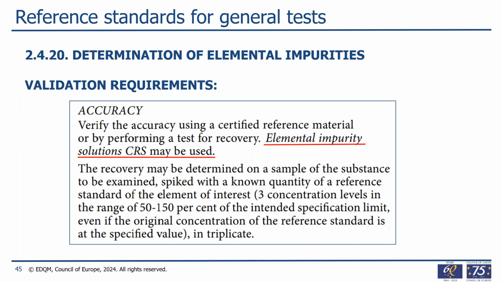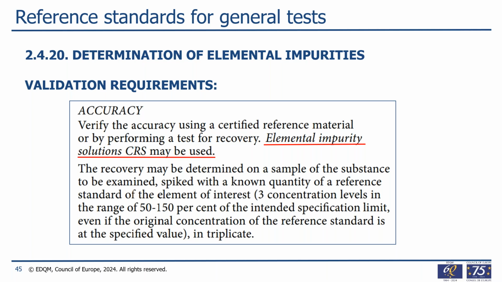A final example is the general chapter for the determination of elemental impurities. In this chapter, no analytical method is given, but instead it describes some general validation requirements that include, amongst others, a verification of the accuracy. It is suggested to use the CRS for this purpose, but it's only a suggestion.